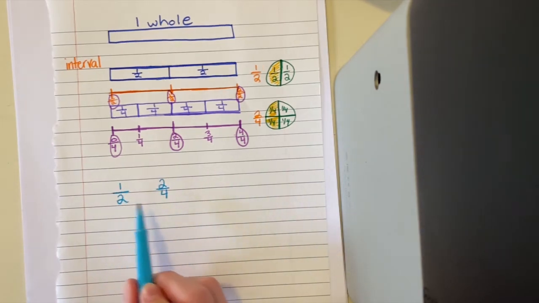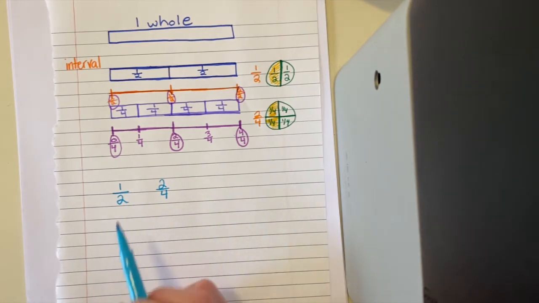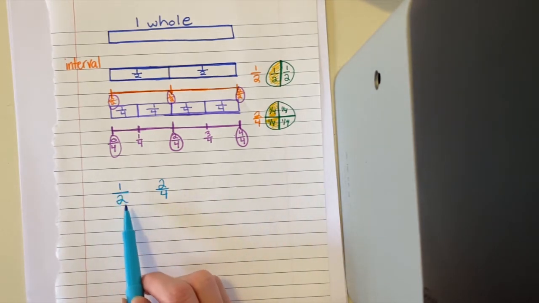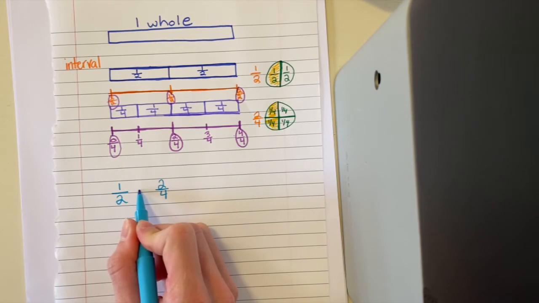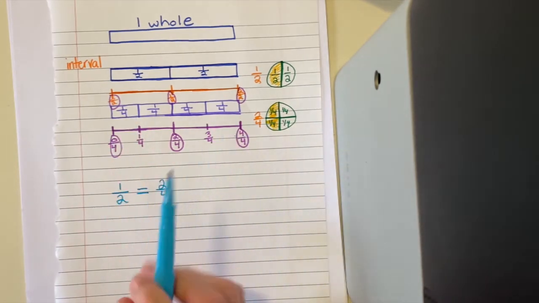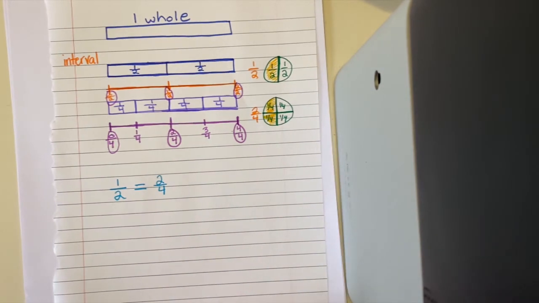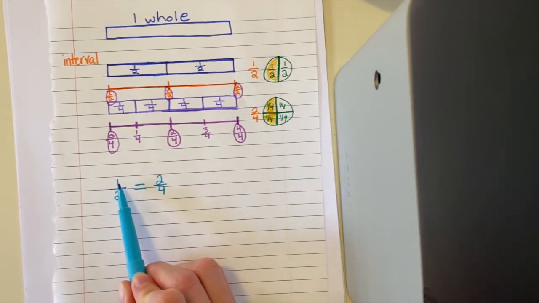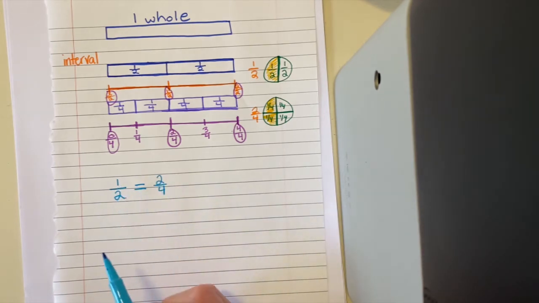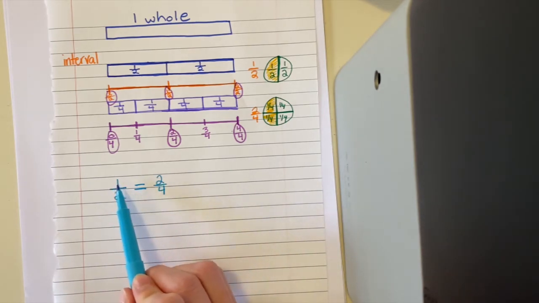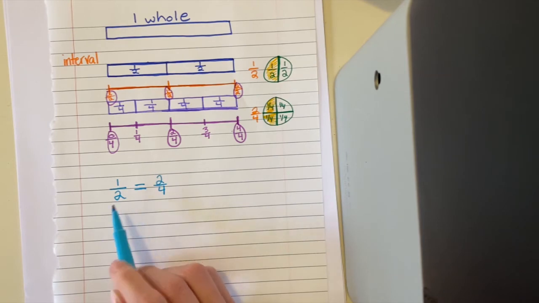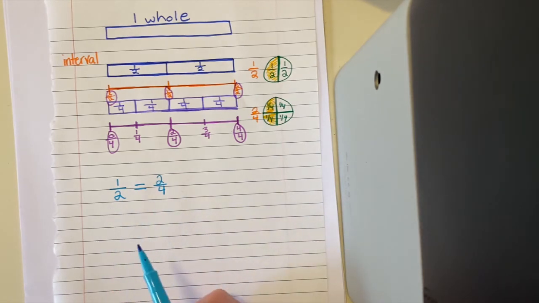Noticing the denominators. What is happening if these are equivalent to each other? Like we've proved on our fraction strip, on our number line, on our circle models. What is happening to this and this? What's happening to that 1 to become a 2? What's happening to that 2 to become a 4?